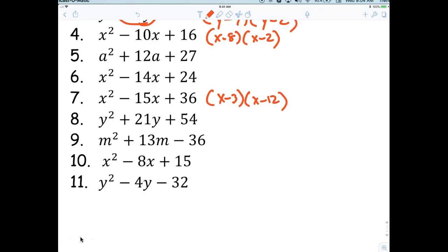All right, what are the factors of 54 that make 21? 6 and 9 makes 15. 8 and 7 today is 56. 2 and 27. 21 and 2. No. 2 and 27 does not work. What else?